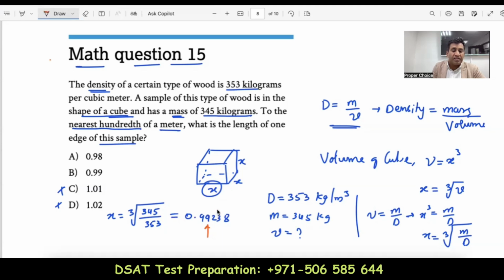If it is less than 5, discard it. In our case, it is 2, which is less than 5. So your answer to the hundredths place will be 0.99, which matches option B. Be careful, whenever there is a question about rounding, that's what you have to do.